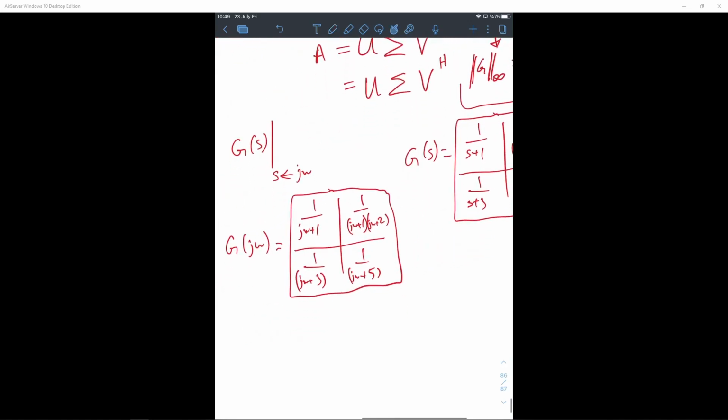Alright, and then what we are going to do is construct a grid. So this is omega, radian per second.